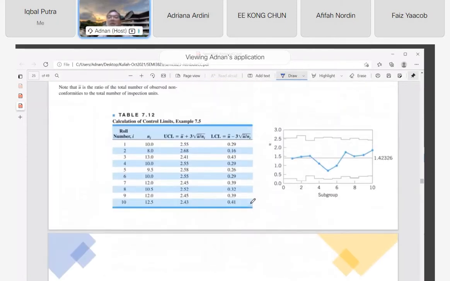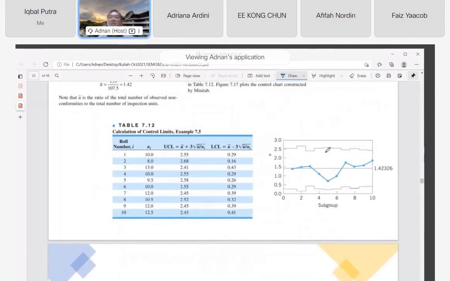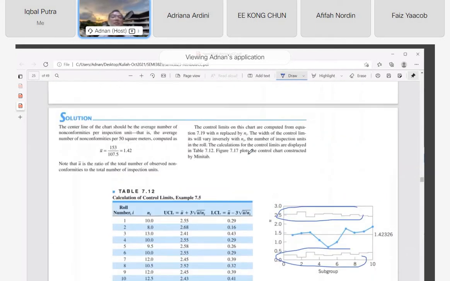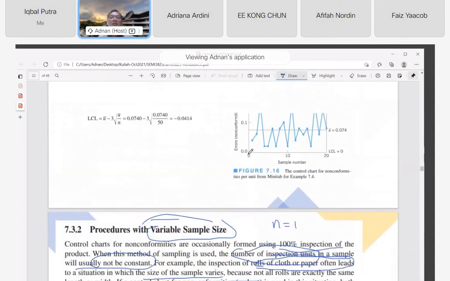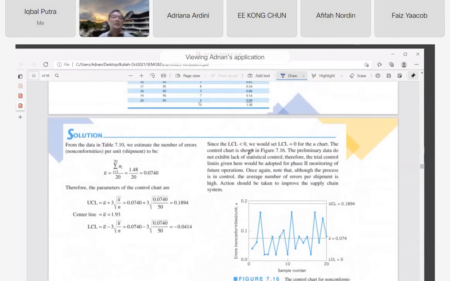So this is an example of U chart. You see that the control limit varies, because we are using this formula. These are the formula for U chart, central line and control limit.